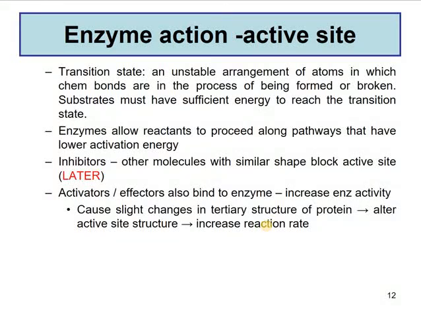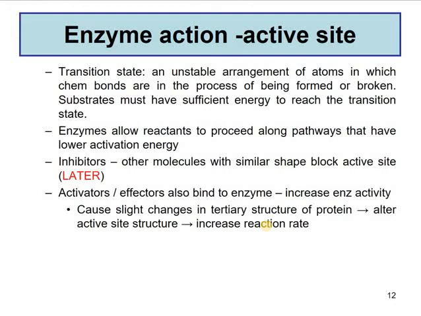However, if it's a chemical reaction that's not catalyzed by an enzyme, that energy must come from either heating or rubbing or whatsoever. There is some form of energy, and usually it's in the form of heat. But with enzymes, you don't need that. The enzyme will do the distorting and stressing of the bonds of the proteins or of the fats without having to apply any heat. So that is why we say the enzyme allows reactants to proceed along pathways that have a lowered activation energy.